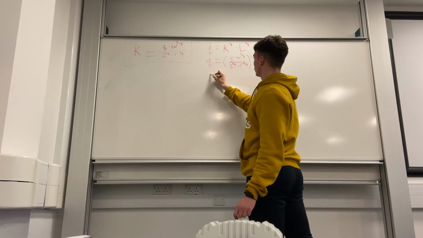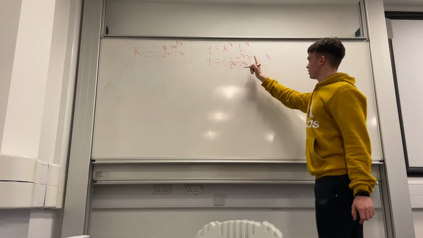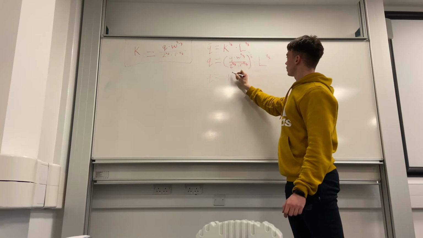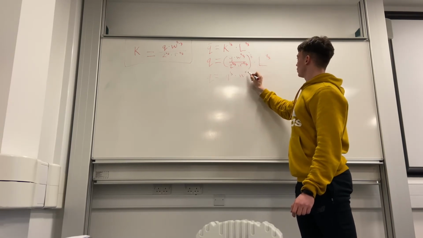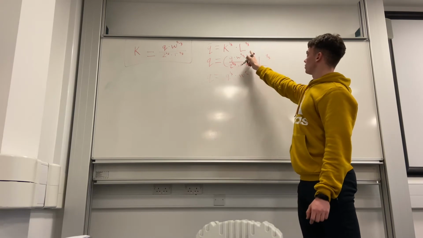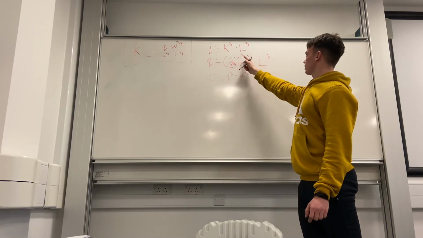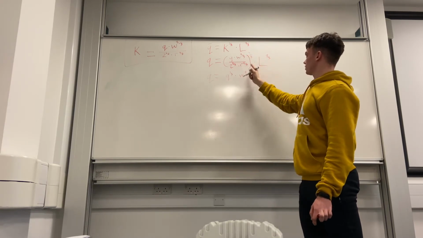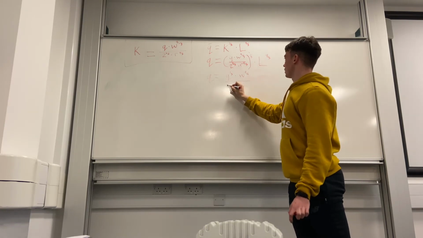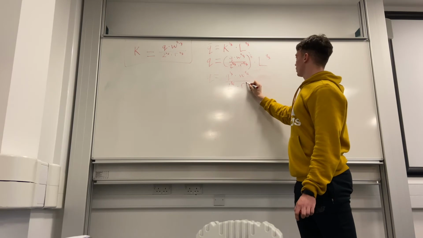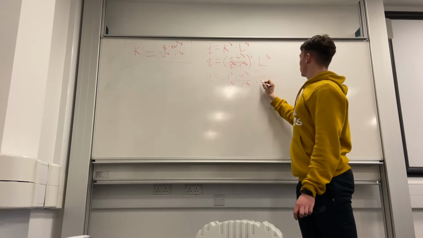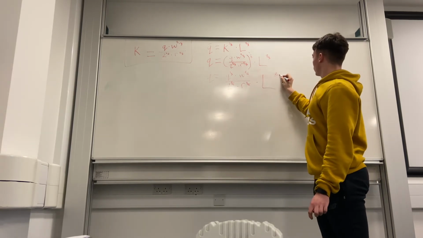And firstly, we can simplify and bring in the power. So we have Q to the power of a third by W to the power of 2/9, because we multiply the top by the top and the bottom by the bottom. So 1 times 2 is 2, 3 times 3 is 9, and it's the same on the bottom. So we have 2 to the power of 2/9 times R to the power of 2/9 multiplied by L to the power of 2/3.